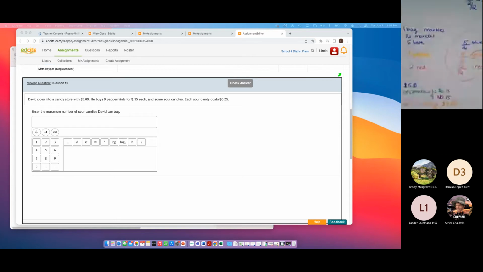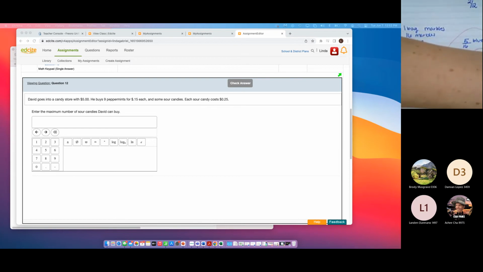Right, so now I have 3.65 is equal to 0.25x. And since I am multiplying x by 0.25, to eliminate it, I need to do the opposite.